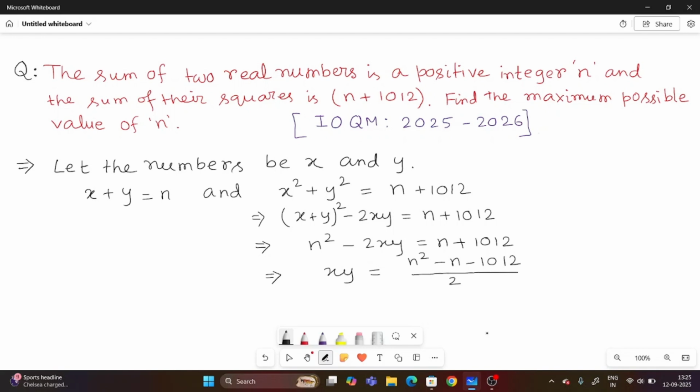So we have to construct now a quadratic equation whose roots are x and y.